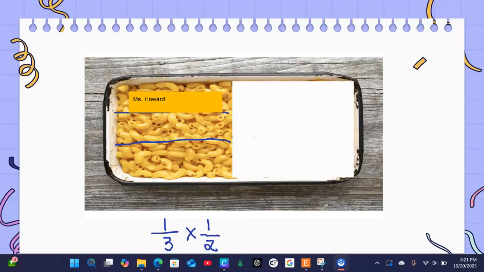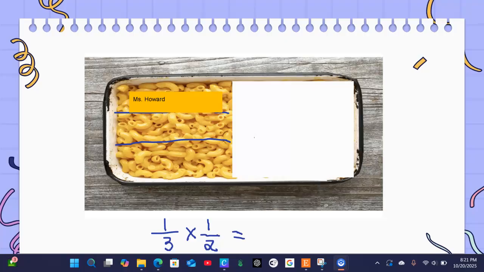It was originally baked as one full pan. However, I started with 1/2. That's what was remaining. I have to take a portion of that 1/2. So I'm taking a piece of a piece, or a part of a part. Now, the question is, how much would be my serving?